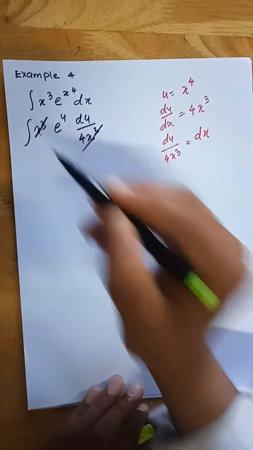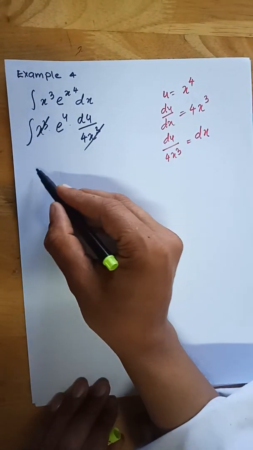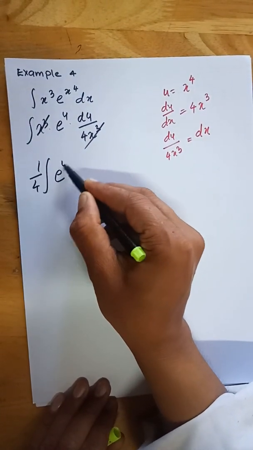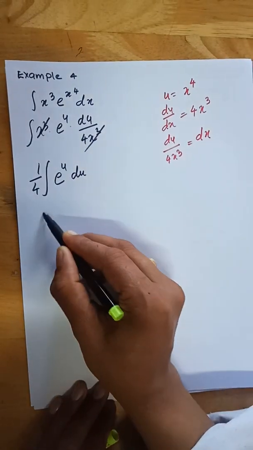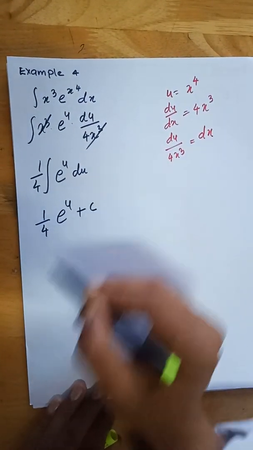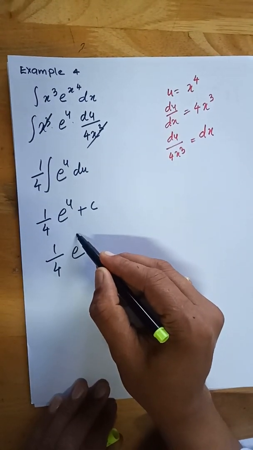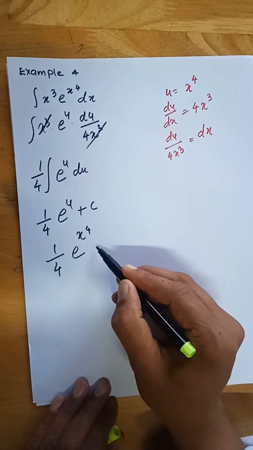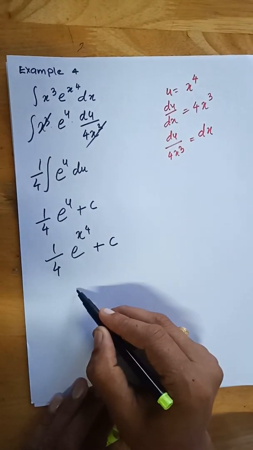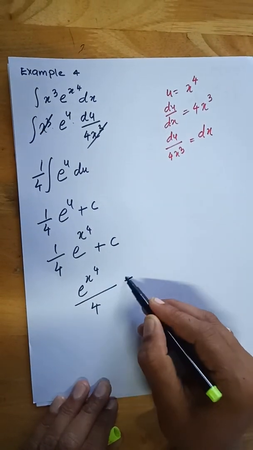So x cube will get cancelled; you are eliminating one of the functions here. Integration of 1 by 4, a constant, e to the power u du is 1 by 4 e to the power u plus c. Replace u with x to the power 4 plus c. So your answer is e to the power x to the power 4, divided by 4, plus c.